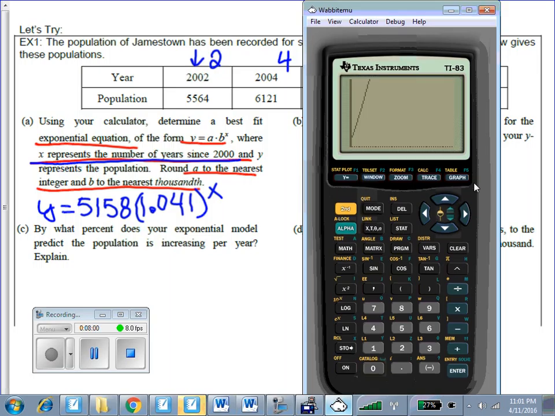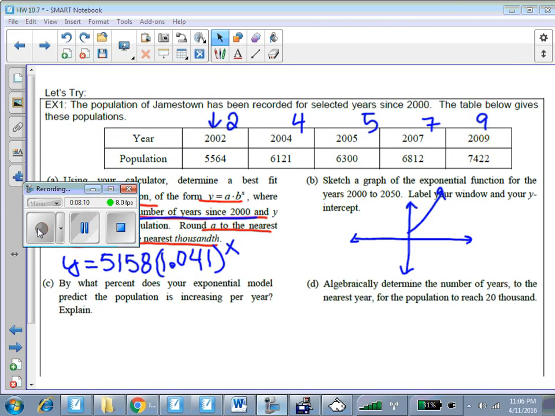Okay, the third one: by what percent does your exponential model predict the population is increasing per year? So if we look at part C, to answer this question, you need to remember the way that the exponential equation is set up.